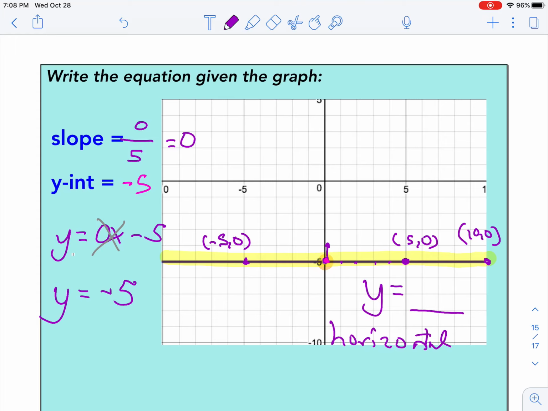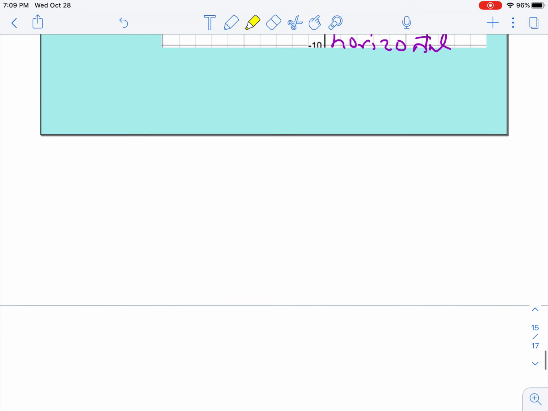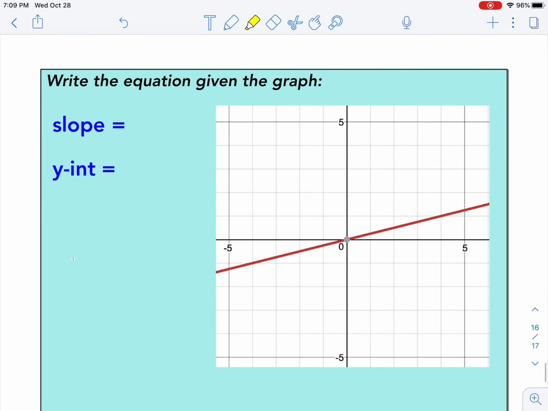Notice, oh my goodness, hold on, all of the y values here are negative 5. So I named these ordered pairs wrong. This is negative 5, negative 5. This is 5, negative 5, and this is 10, negative 5. And so when you have the equation y equals negative 5, what you're seeing is that the y values are always negative 5 on that line, and that's why we call it y equals that value.